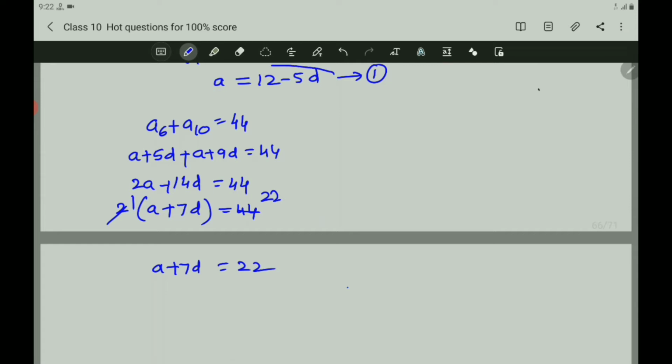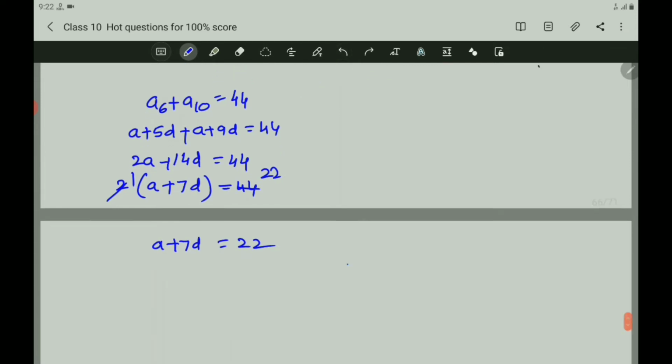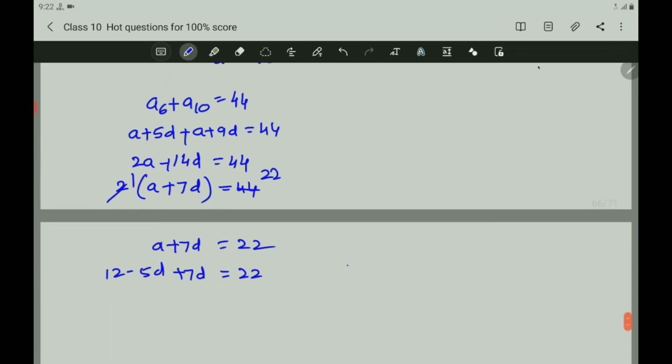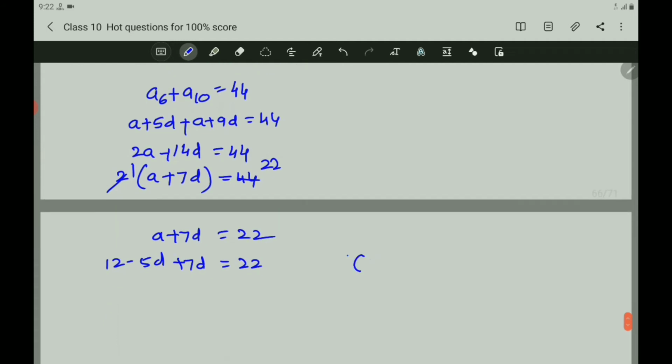Then from the first relation you can write in the place of A, 12 minus 5D. So you write 12 minus 5D plus 7D equals 22. How did you get it? That is from the first relation. Then minus 5D plus 7D is 2D.